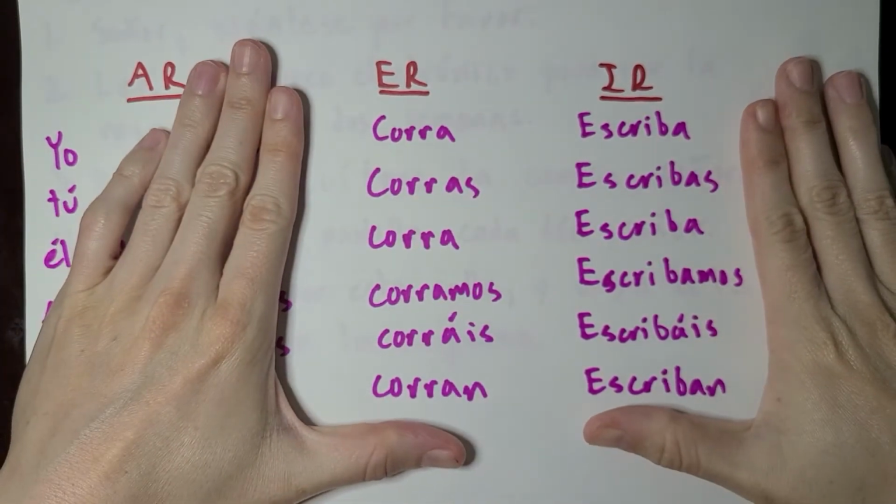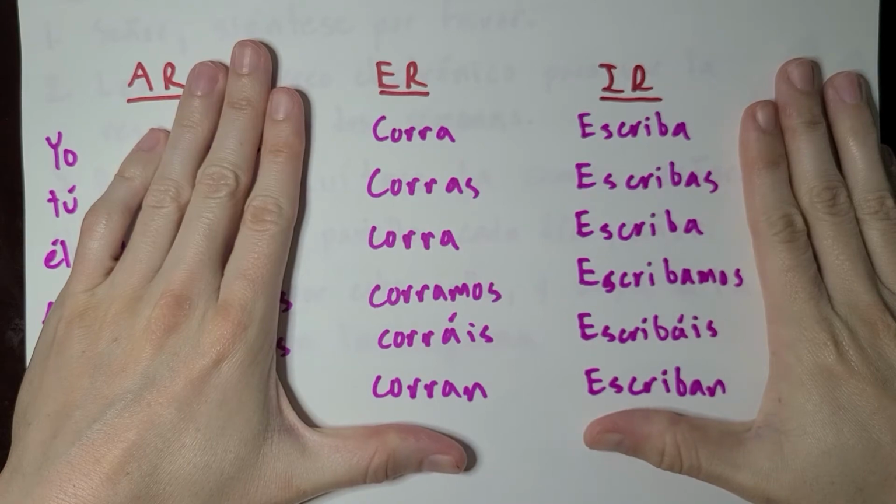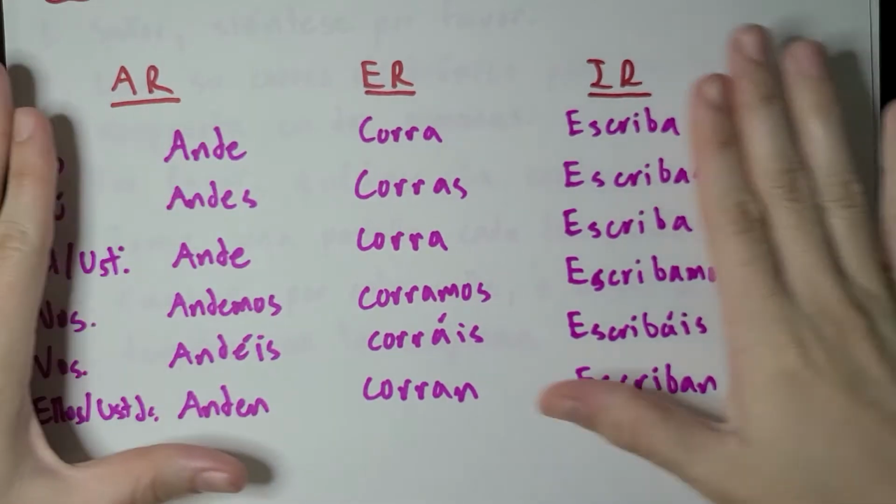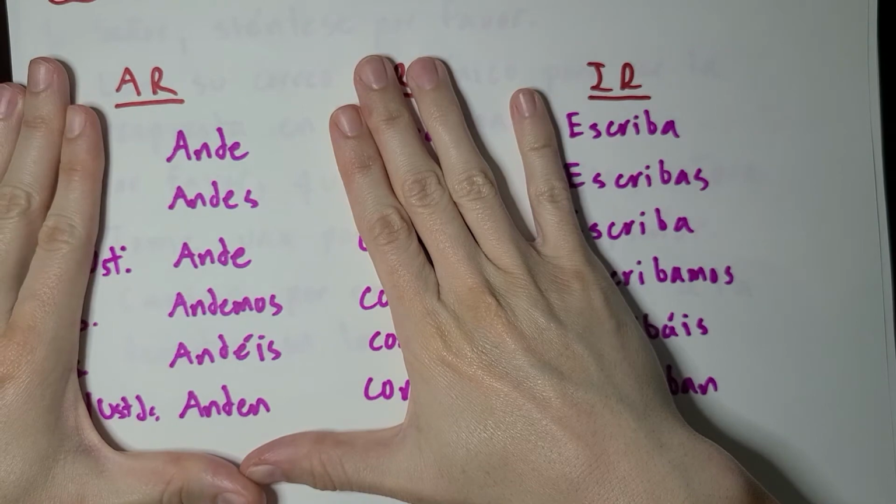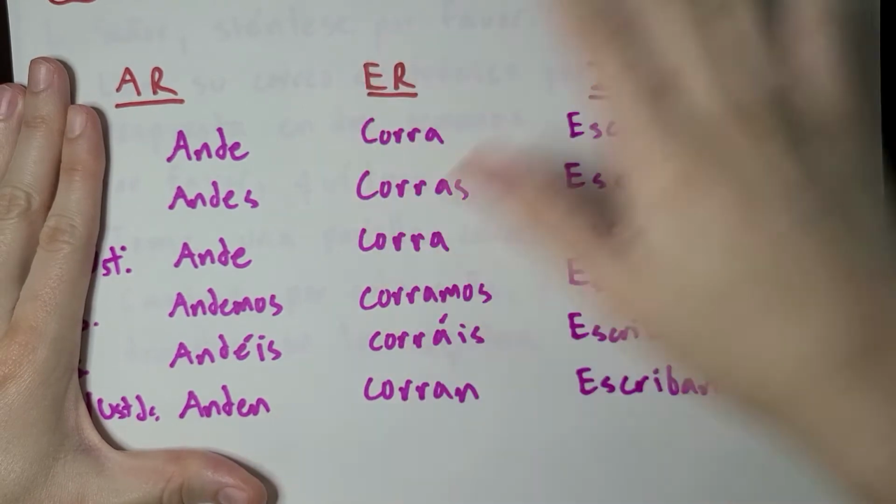ER and IR verbs are both going to end with an A instead of the ER or IR. AR verbs are going to end with an E instead of the AR.